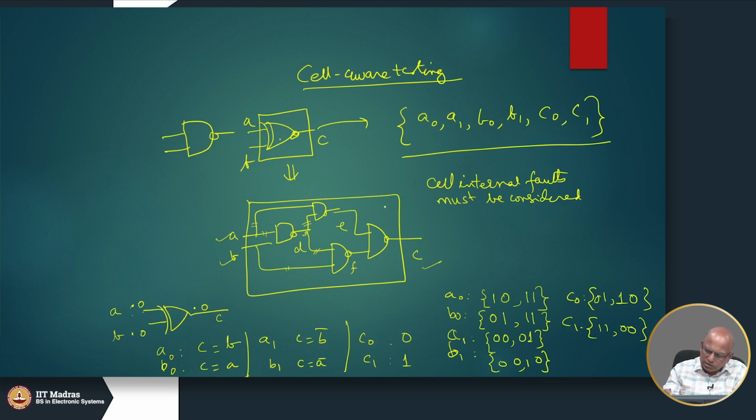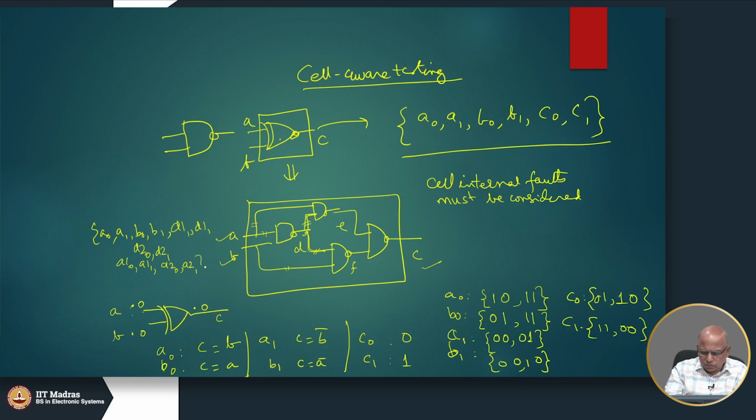But if you are willing to go inside on the construction of the XOR gate, the fault list is much bigger. There is A0, A1, B0, B1, then D1 0, D1 1, then D2 0, D2 1. So this is D1 and this is D2. Similarly, A1 0, A1 1, A2 0, A2 1.